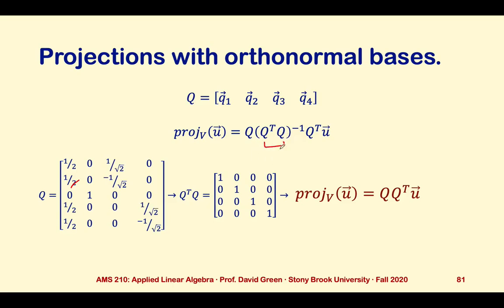And if Q transpose Q is the identity matrix, the inverse of the identity is the identity, this piece just disappears and we're left with a simplified projection. So we don't have to go through the more involved process of finding a projection. We use this simplified approach.